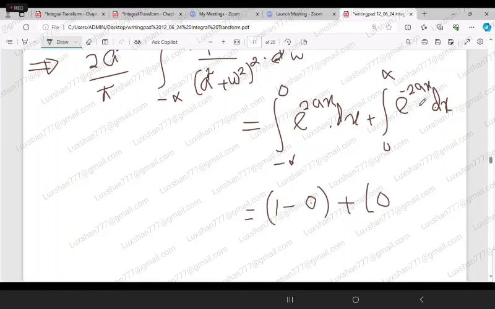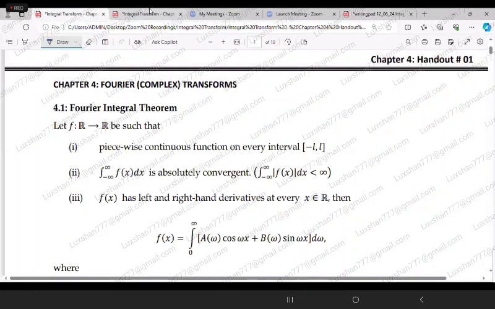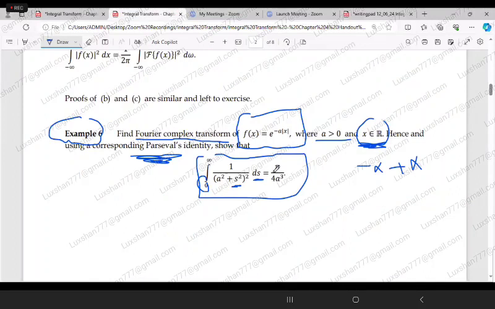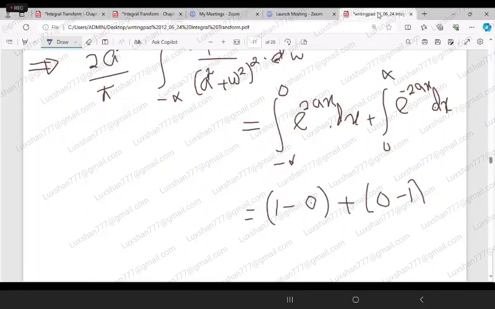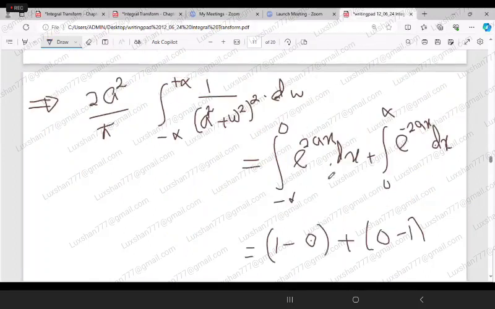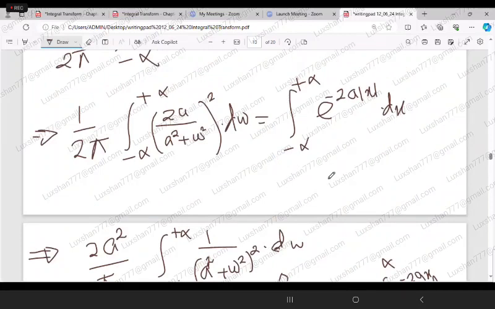Plus here, when I put infinity, that becomes 0. When I put 0, minus 1. So can you check this one, please? Because this is becoming 0. But the answer given is 5 over 4 pi cubed. So can you check this answer, please? Where's the mistake? I didn't get it actually.